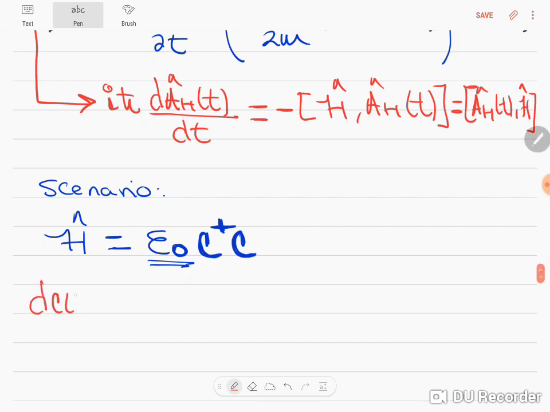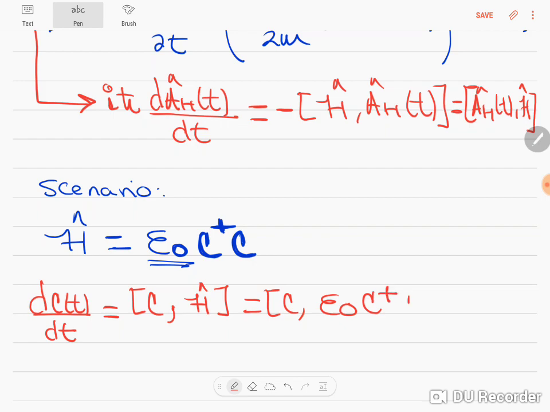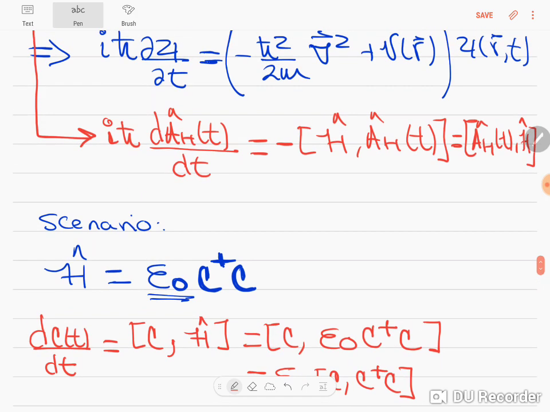The derivative of C of t is equal to the commutator between C and the Hamiltonian, which is just H. This is equal to the commutator between C and the Hamiltonian, which is E0 C dagger C, and this is equal to E0 times the commutator of C with C dagger C. Up to here everything should be okay.